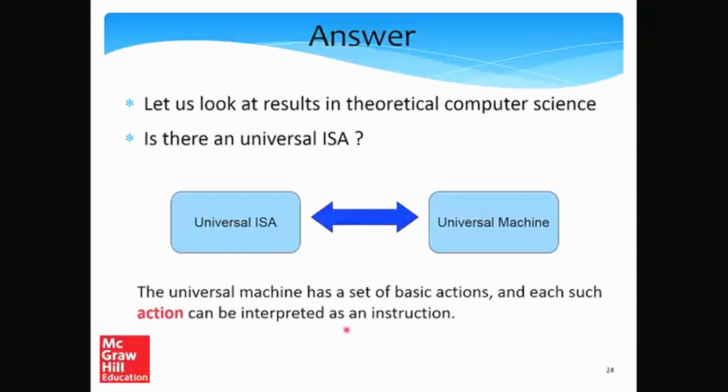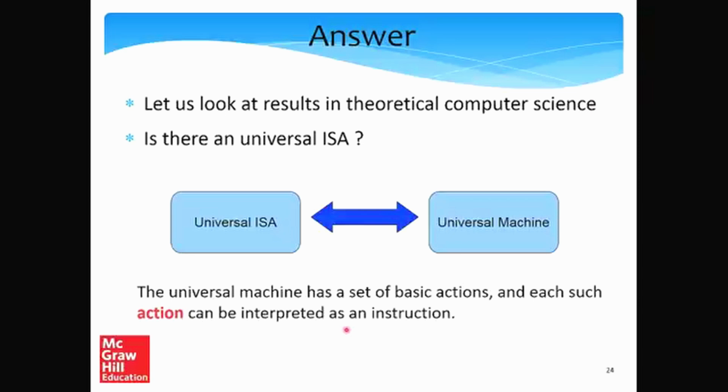So, what we want is a universal ISA. A universal ISA is an ISA which can implement all programs known to mankind. This is the same as implementing a universal machine, where a machine and a processor are being used synonymously. The universal machine has a set of basic actions, and each such basic action can be interpreted as an instruction. So they are more or less the same thing.